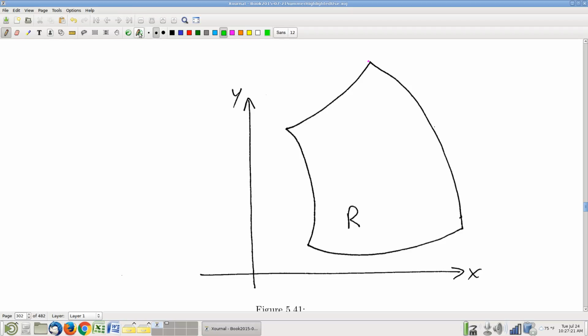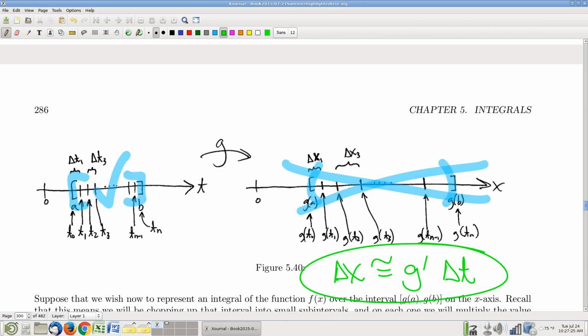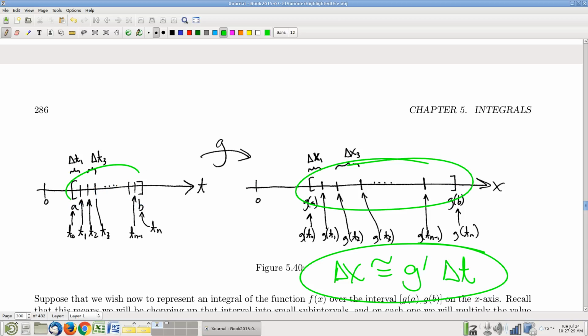Can I rip off the above strategy? Can I take an integral that was defined on one domain and rewrite it as an integral on a new domain?